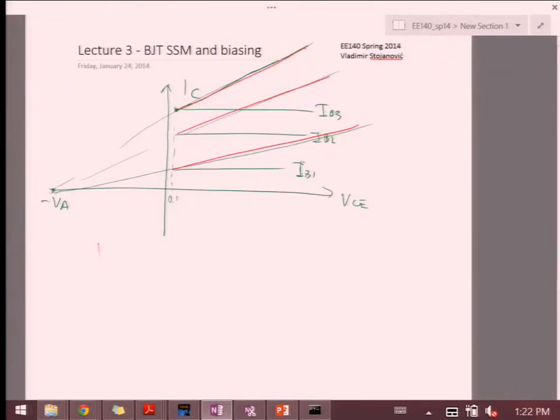So then the equation for the current will be our old one plus this augmented triangle slope curve. And this is simply VC over VA.